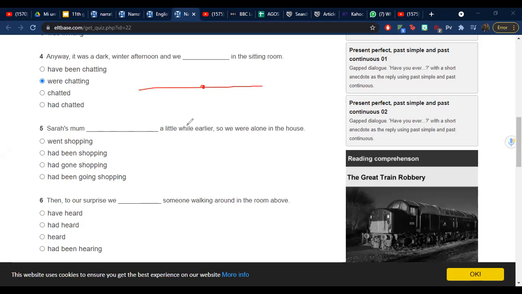And what about the mom? This is the main event. What about Sarah's mom? A little while earlier.